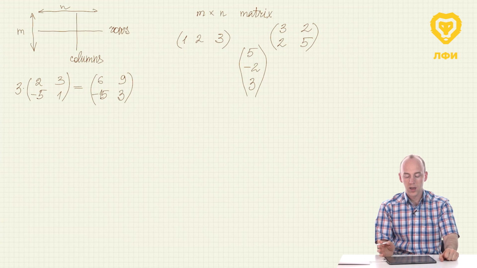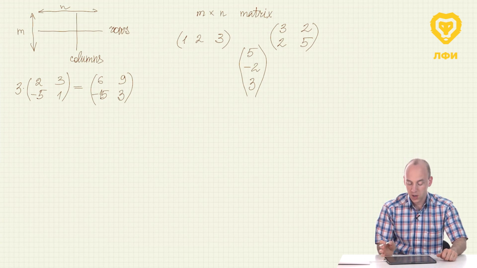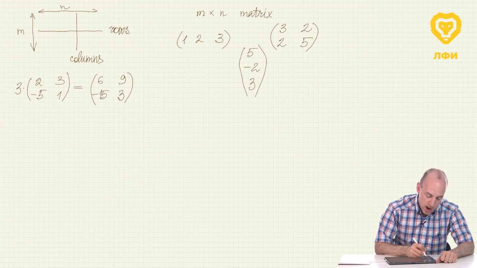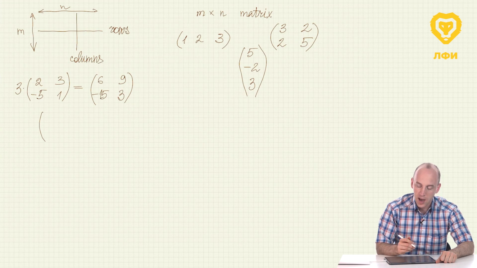So we cannot add matrices that have different dimensions. And if matrices have the same dimensions, then we add them, summing the corresponding elements in the matrices.